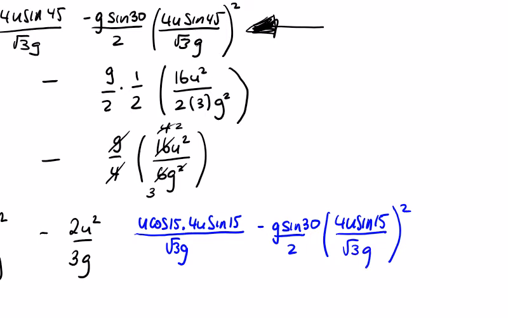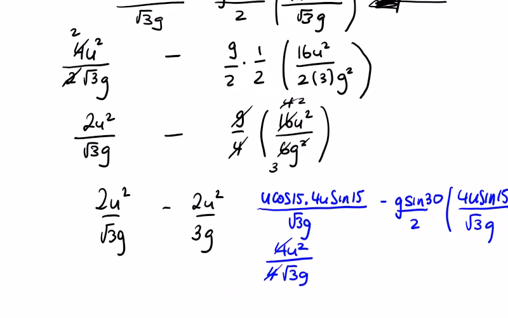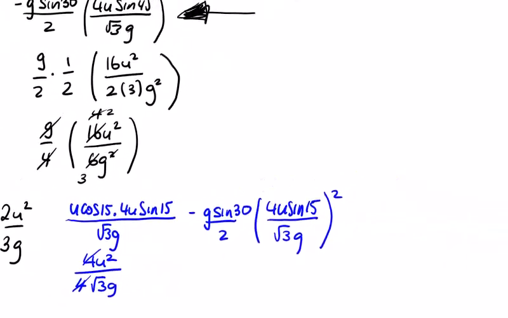Okay, so calculator use will help here. If we type in cos 15 sine 15, we're going to get 1 over 4, so that would leave on top just 4u squared. The 1 over 4, the 4 will go to the bottom, and we get root 3g. So you can see here the 4's cancelled. We're left with u squared over root 3g. Looking familiar to the left hand side here.